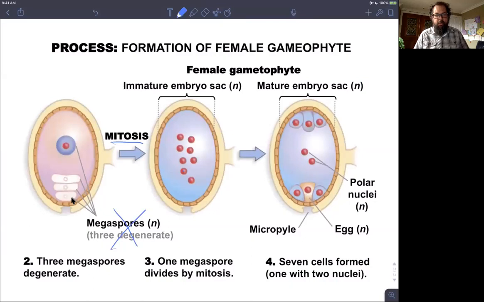Those 8 nuclei then develop into the mature embryo sac, and the embryo sac is the name for the female gametophyte. We end up with 7 cells, and one of those cells has 2 nuclei, these 2 polar nuclei. So the mature female gametophyte in an angiosperm is made up of 7 cells and 8 nuclei.